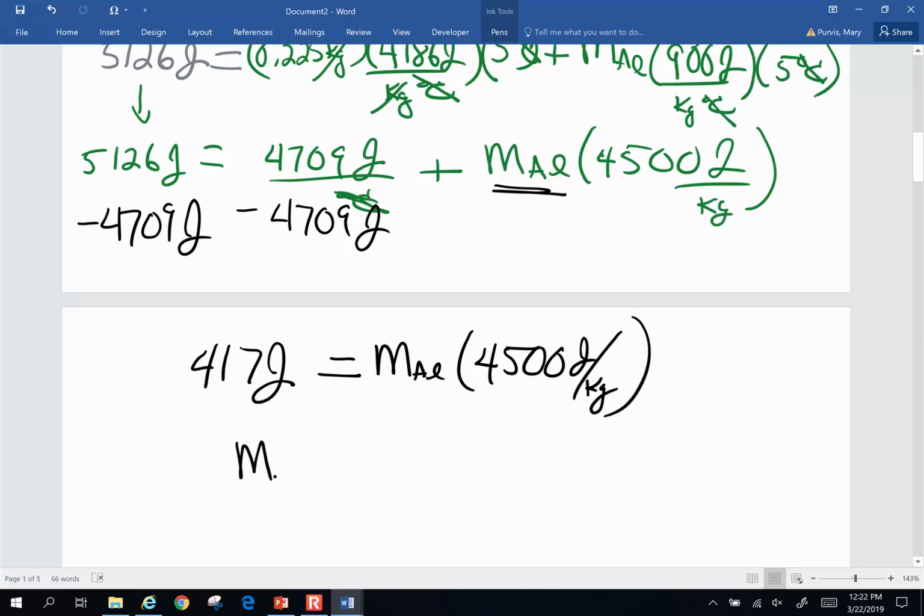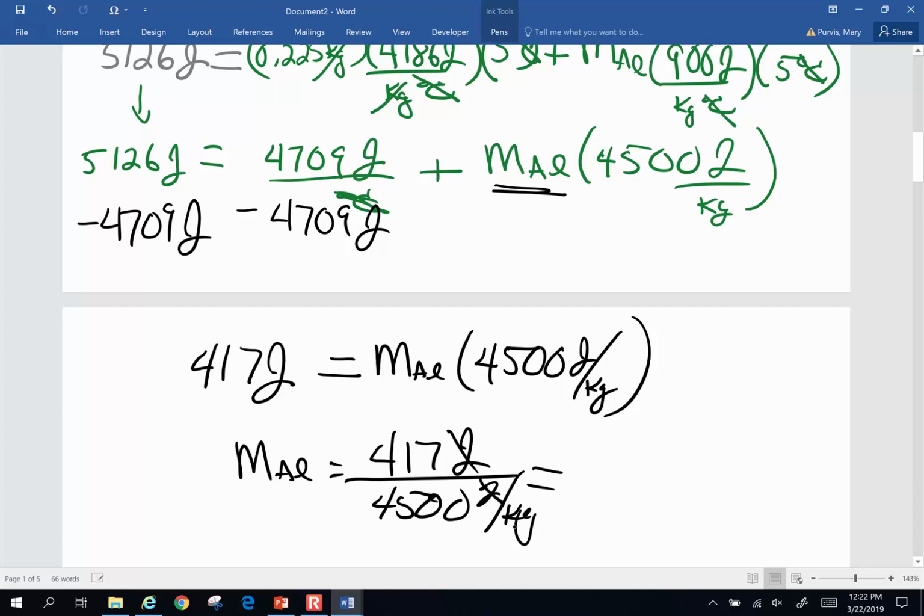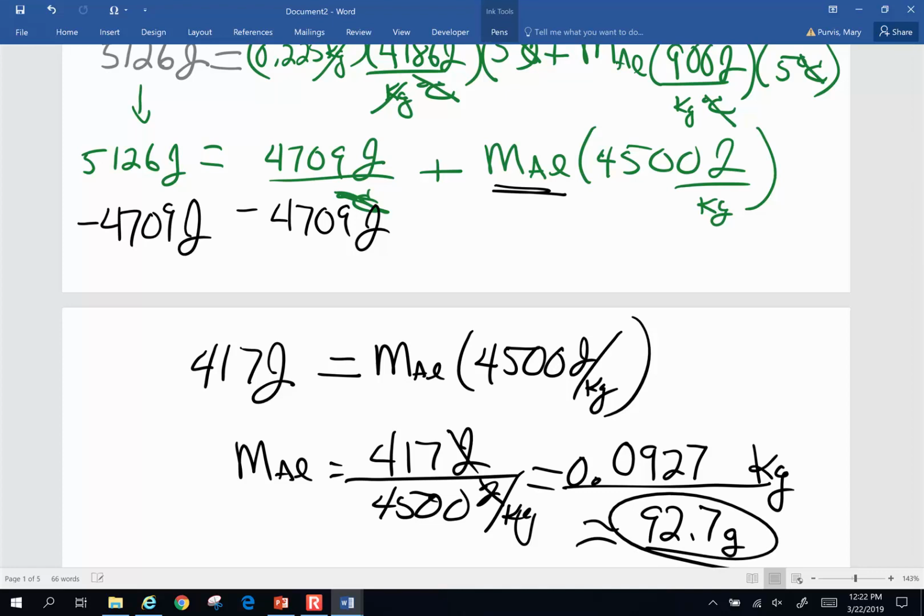So mass of the aluminum cup is going to be equal to 417 joules divided by 4,500 joules per kilogram. Joules will cancel. Kilograms are in the subbasement, which means they're going to come up. And when I do this, I got 0.0927 kilograms, and that is 92.7 grams, which is a logical number for a mass of an aluminum cup.